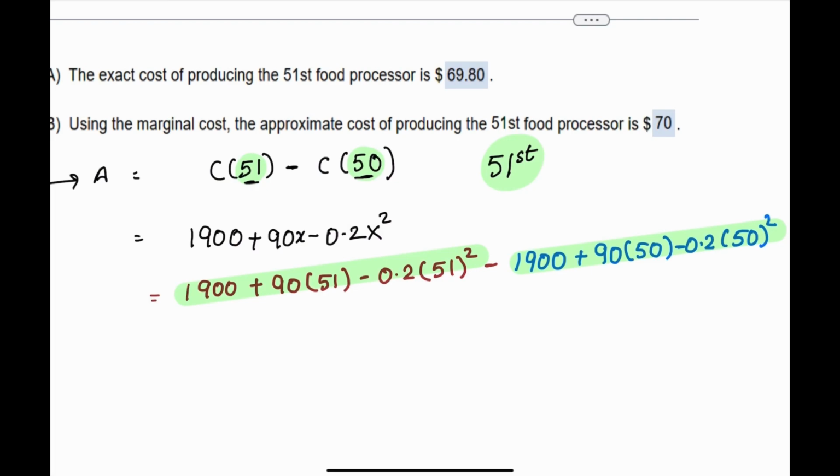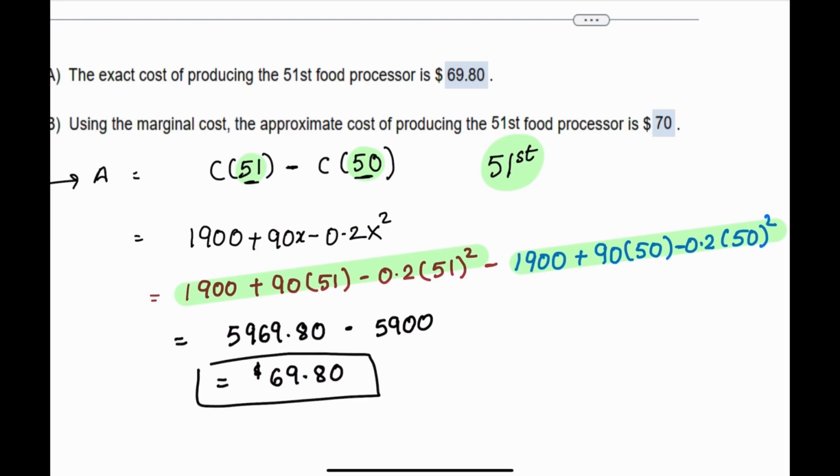And my answer would be, let me plug this into the calculator. So this is 5969.80. And this is 5,900. That would give me $69.80.